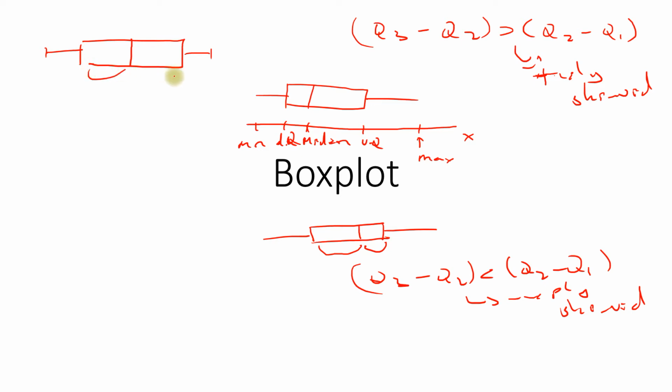So the third quartile minus the second quartile is equal to the second quartile minus the first quartile. This kind of situation means that the distribution is symmetrical, which also possibly indicates that your distribution might be normally distributed.